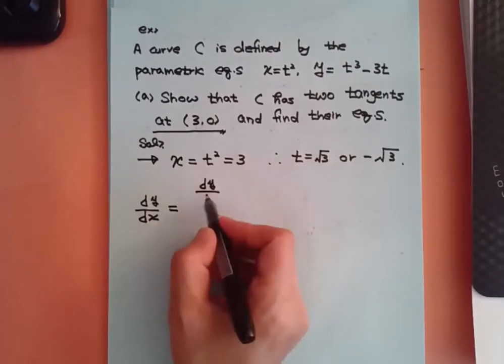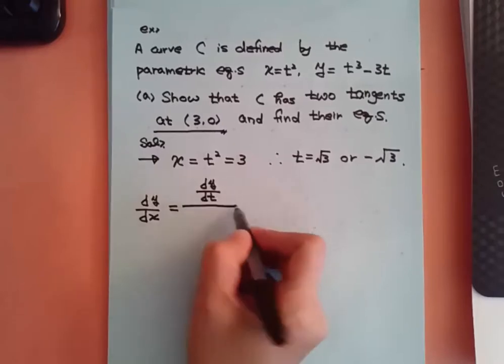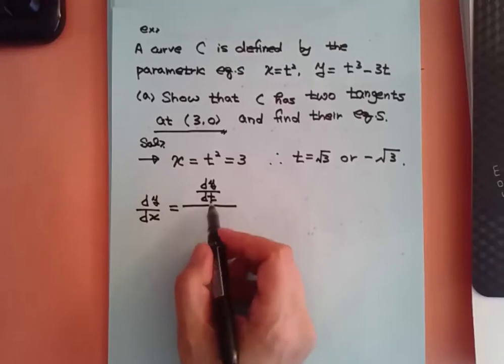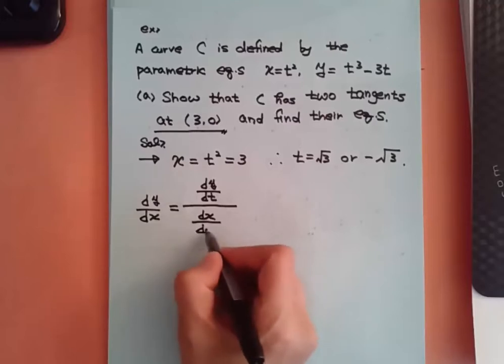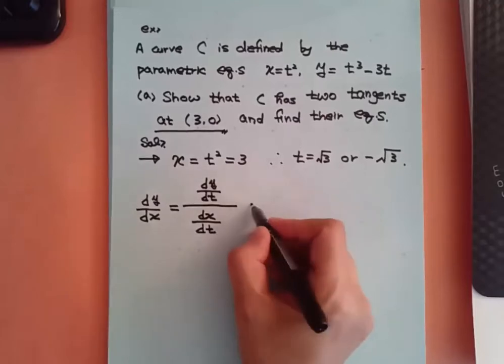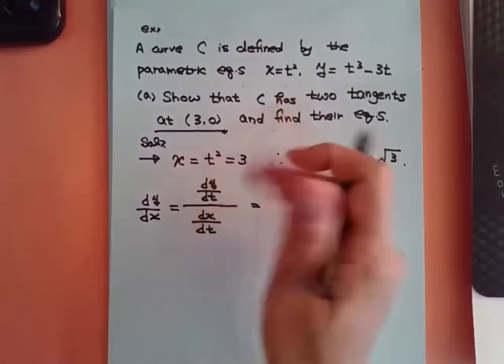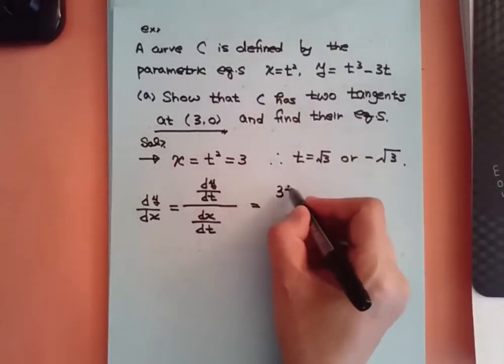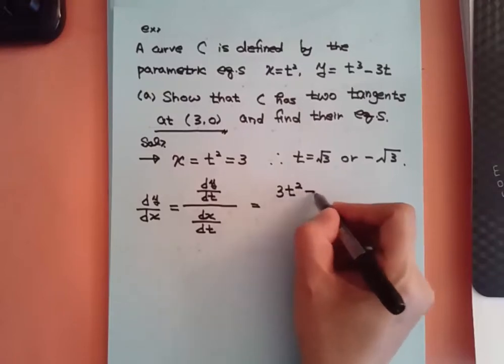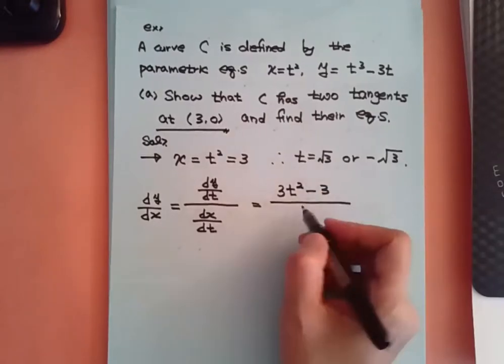Since the y and x coordinates are defined with functions whose variable is t, we differentiate with respect to t for both x and y. If you differentiate, then you get dy over dx equals 3t squared minus 3 over 2t.